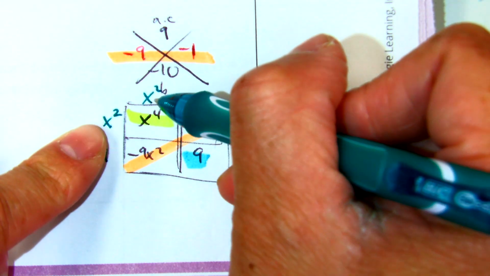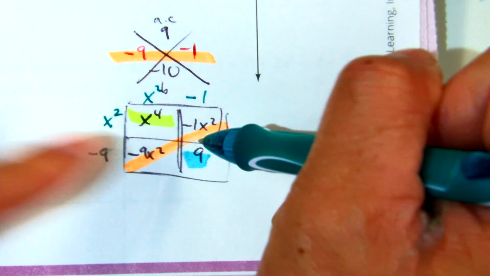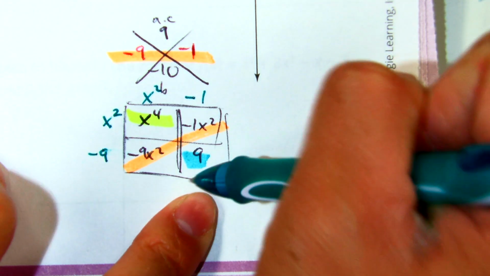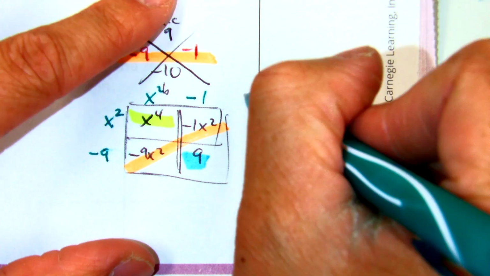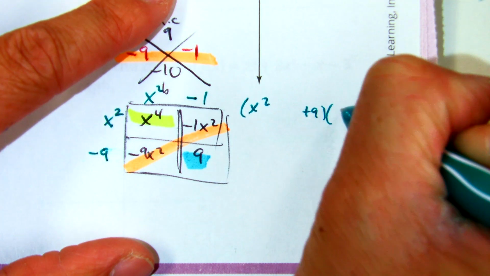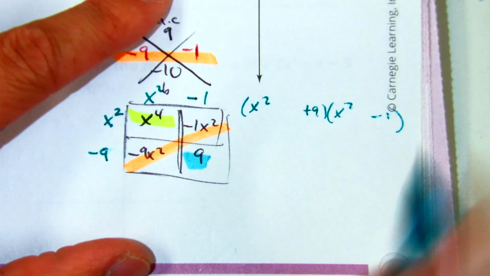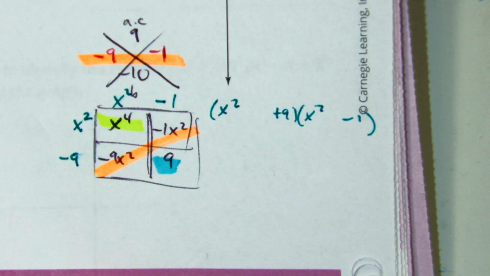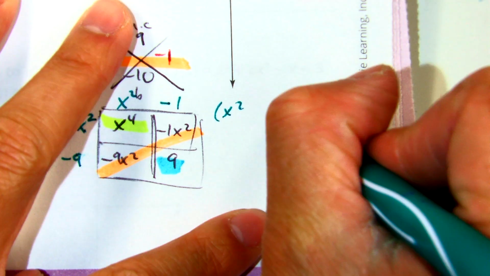X squared times x squared is x to the 4th. Negative x squared, negative 9x squared, and then positive 9. So my answer to factor this is x squared plus 9, x squared minus 1. It is a minus 9 because I made a mistake. Thank you.